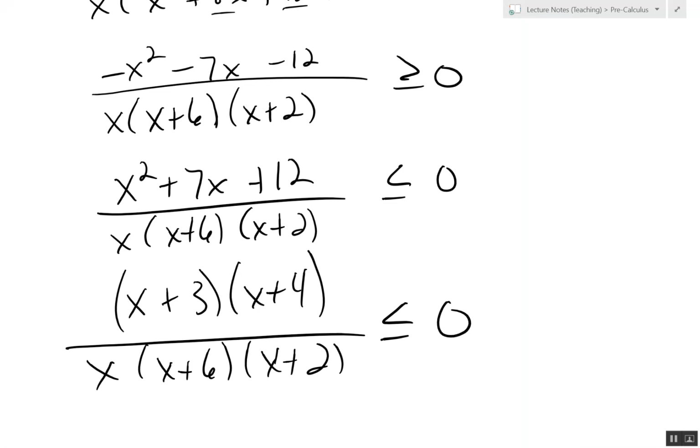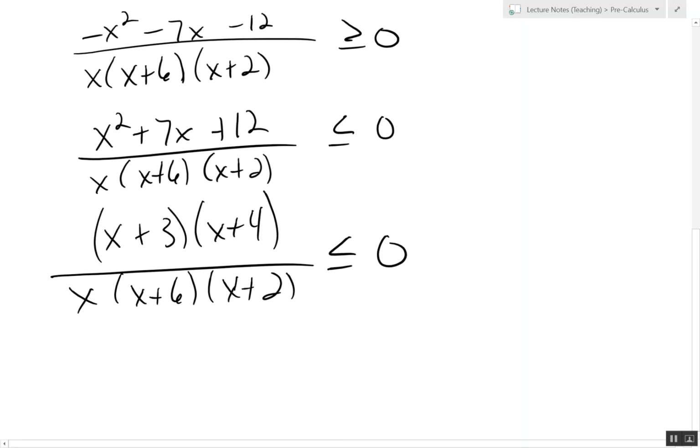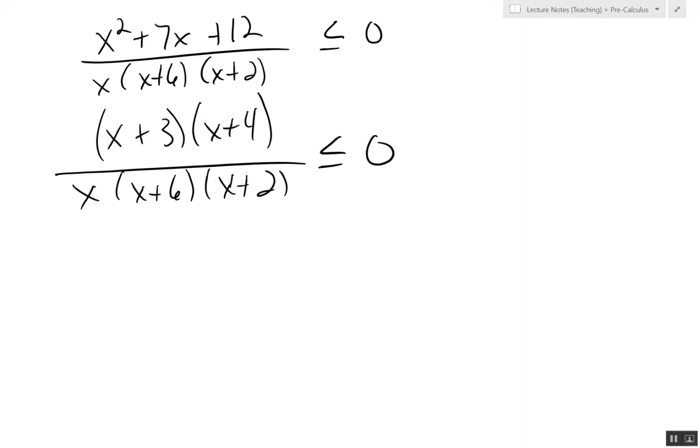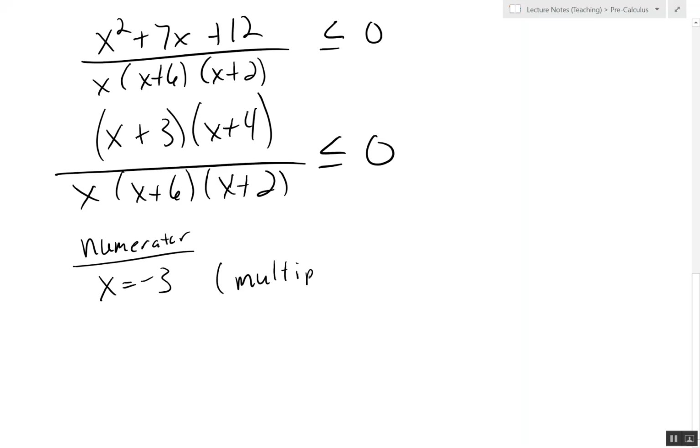So now we need to record information about this function. So we need to know about the numerator. The zeros are at x equals negative 3, and it has multiplicity 1. And x equals negative 4, again multiplicity 1.